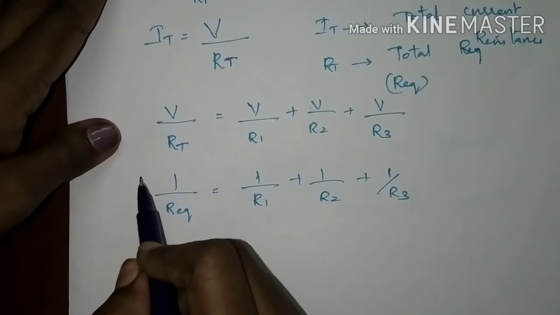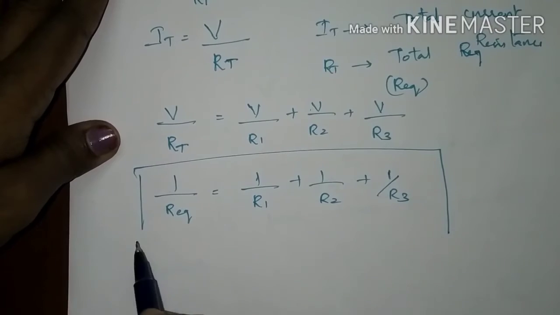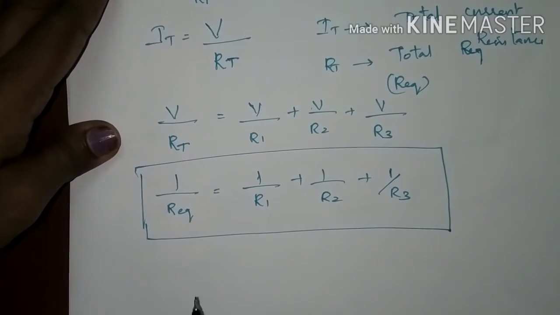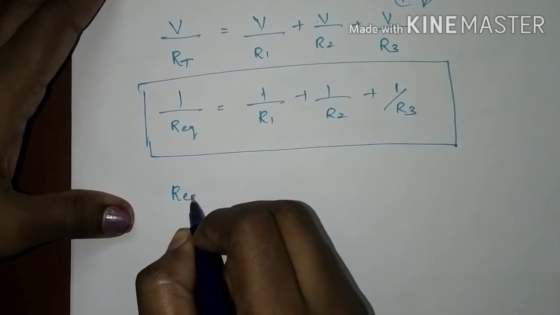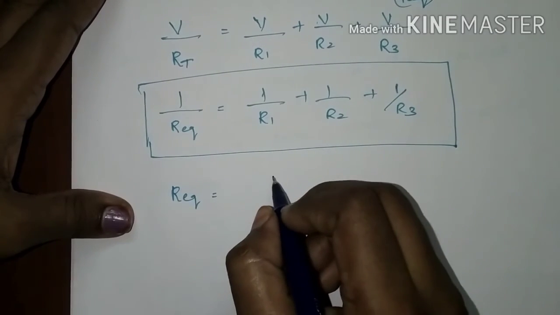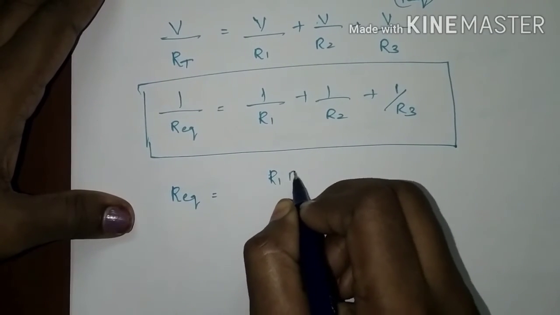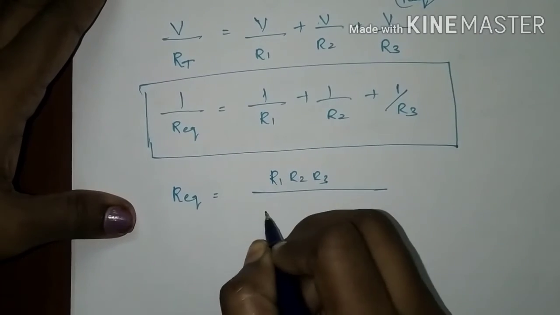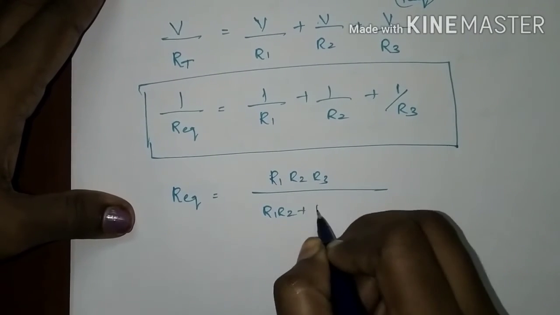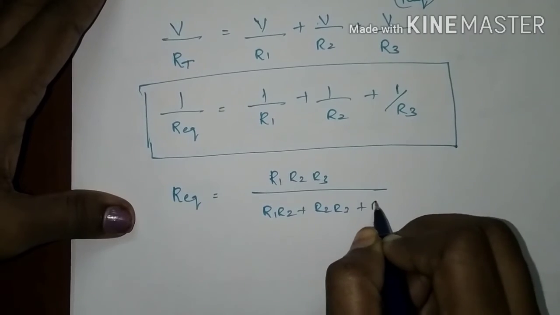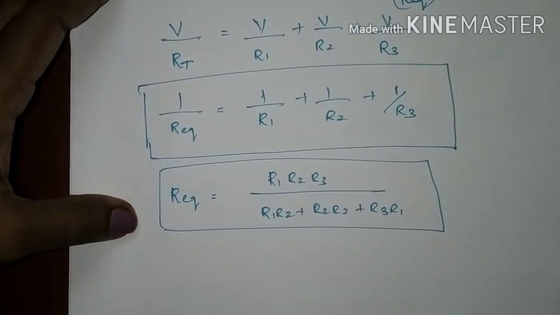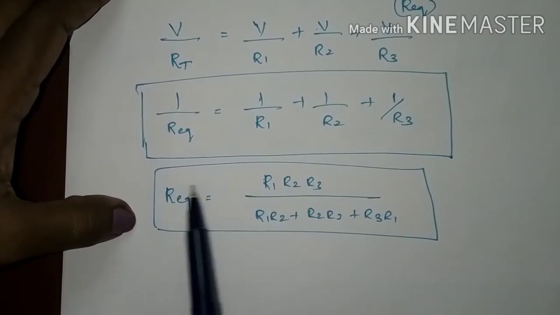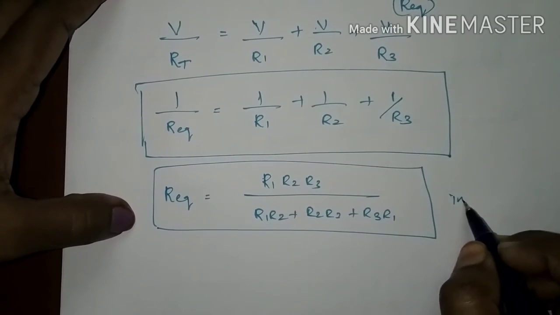This is the formula to find the equivalent resistance in the parallel circuit. This can be further reduced: R equivalent is given by the product R1 R2 R3 divided by R1 R2 plus R2 R3 plus R3 R1. Further, with arithmetic calculation, we can find the R equivalent value in the parallel circuit.